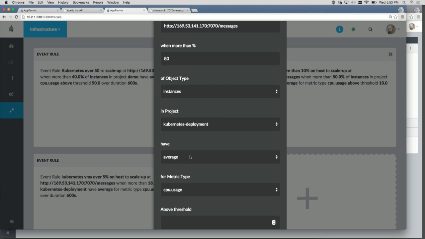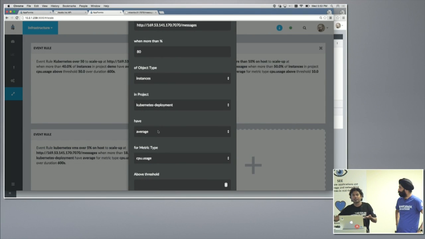Distributed applications have the same kind of metrics that they push out on this message bus and that get consumed, as an instance or a VM or a host is generating and pushing out on the message bus.